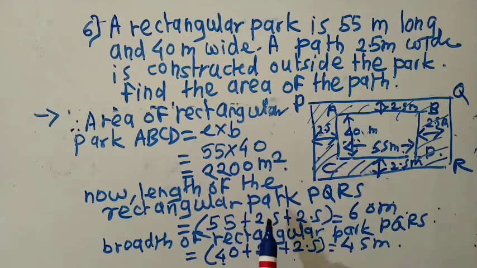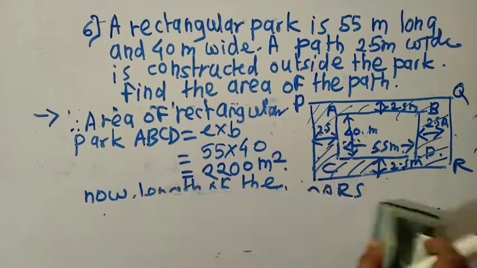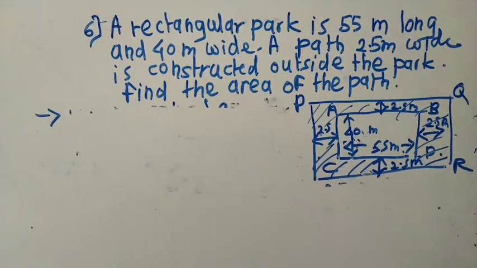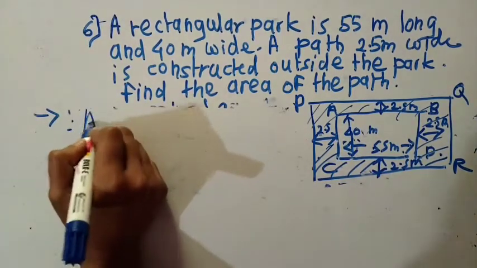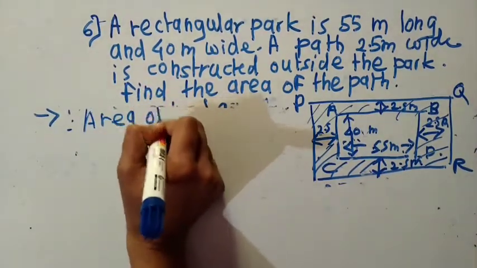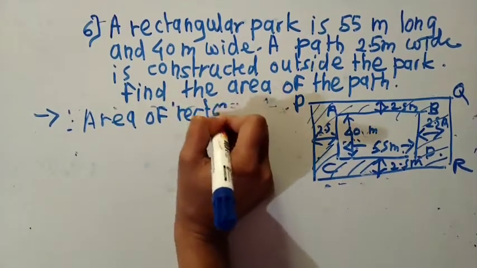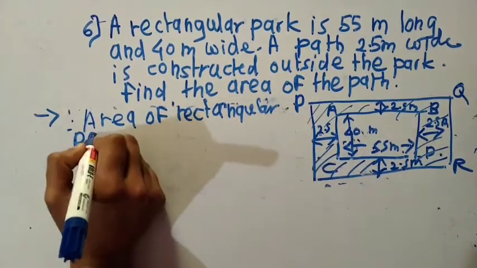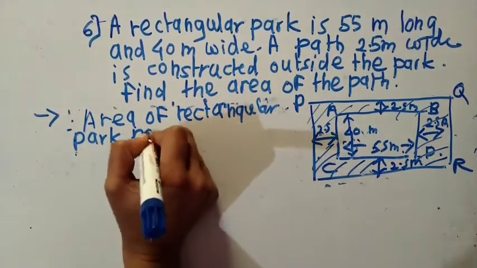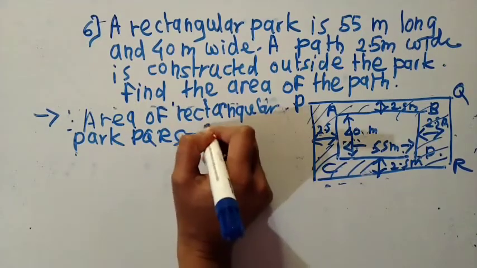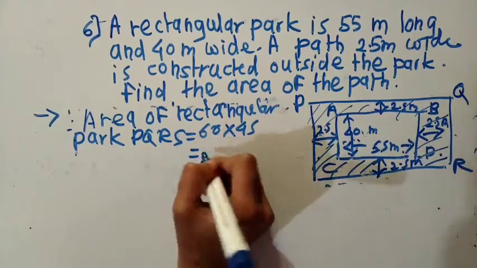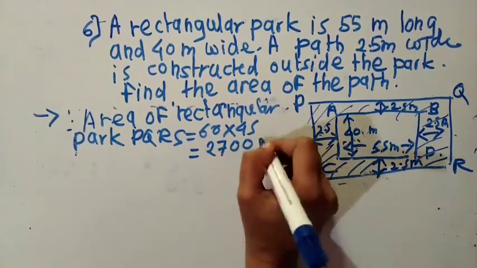Hence area of rectangular park PQRS is 60 into 45, which is equal to 2700 meters square.